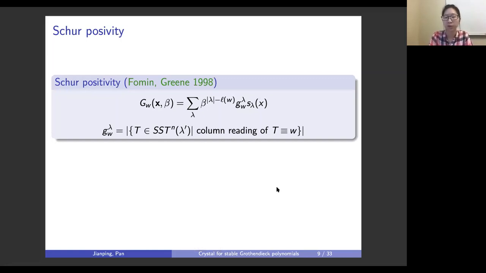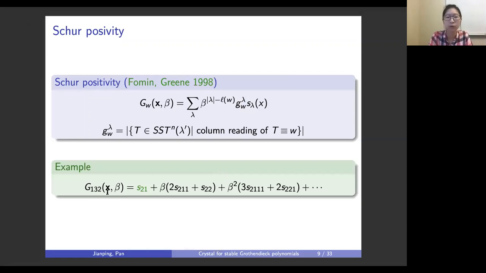It was proven by Fomin and Greene in 1998, who gave a combinatorial description of the Schur expansion of the stable Grothendieck polynomial, where the coefficient g_W,lambda is given by counting certain semi-standard Young tableaux. If we continue the computation, we can get the beta constant term, beta power, beta squared, etc. So this is actually a power series. Although it's called a polynomial, it's not really a polynomial. It has infinitely many terms.